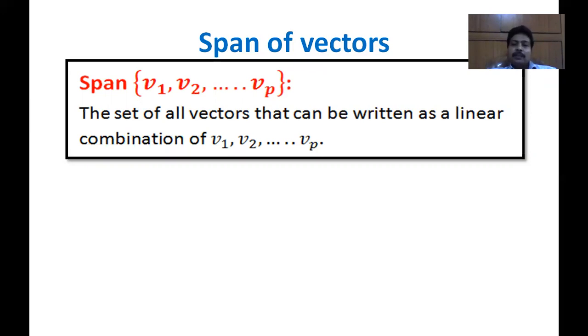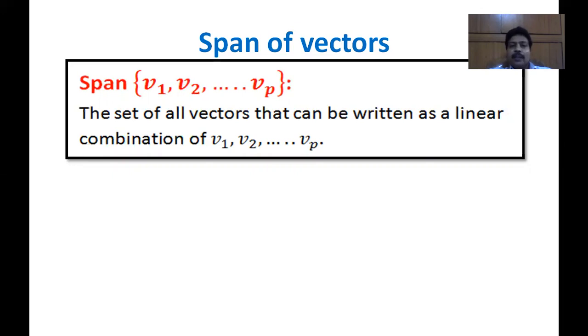In the earlier example, all the multiples of 5 are the span of 5, the span of the vector 5. Similarly, the set of integers is the span of the 5 rupee coin and 2 rupee coin in the real world, where the scalars are integers.